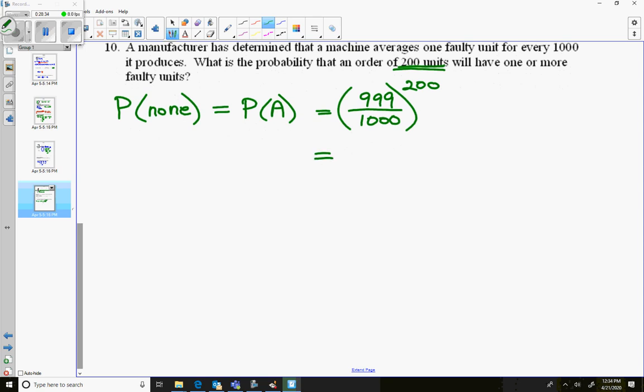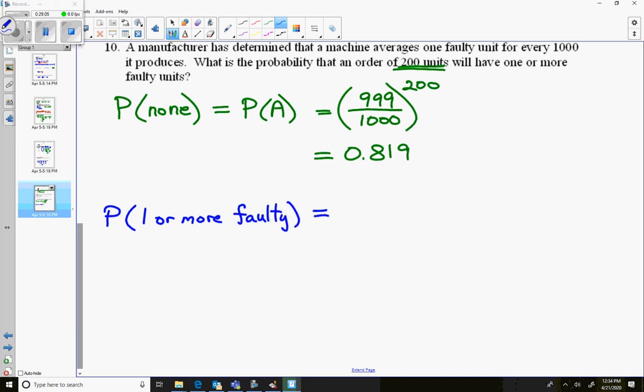Now punch that out in your calculator. I'm sure it kept going, but we rounded to 3 decimal places on my paper. So the probability that none of them are faulty is 0.819. That's not what we're looking for, though. We want the probability that 1 or more are faulty.